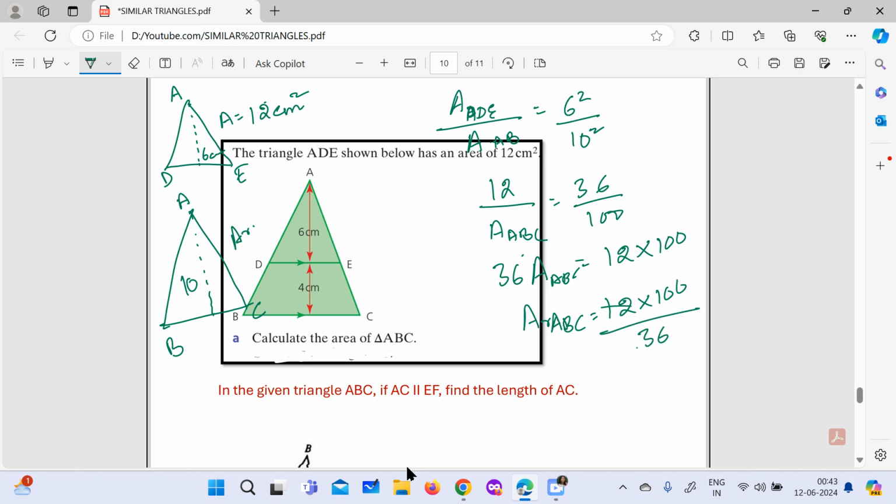So further we solve it and we get 33.3, and the 3 keeps on repeating. So this is the area. Easy one.